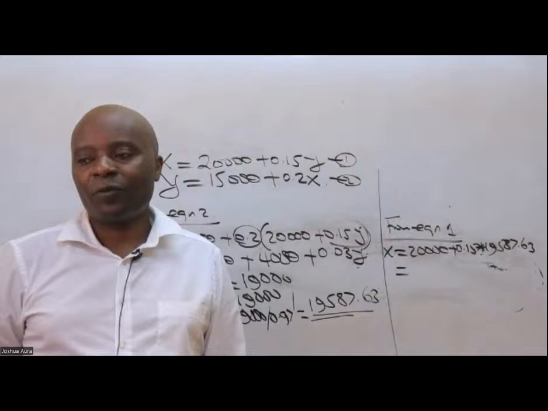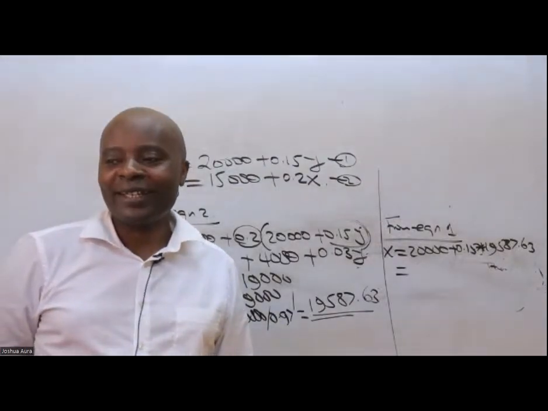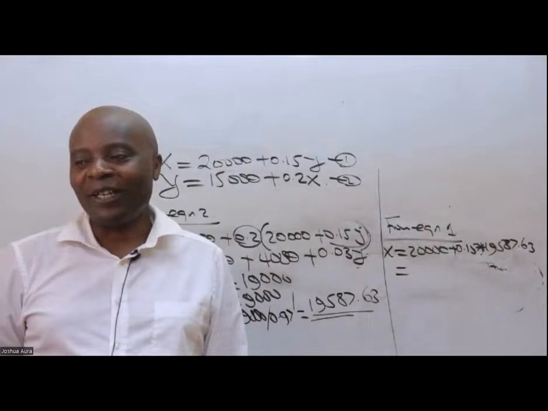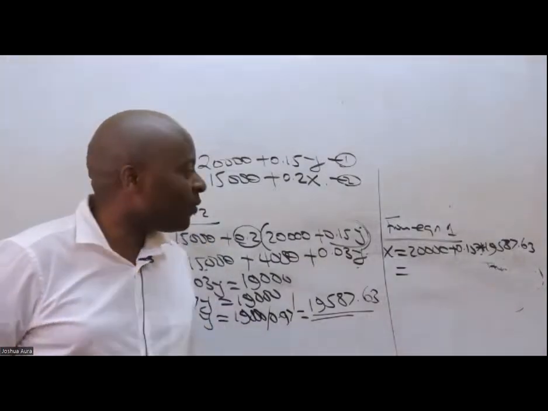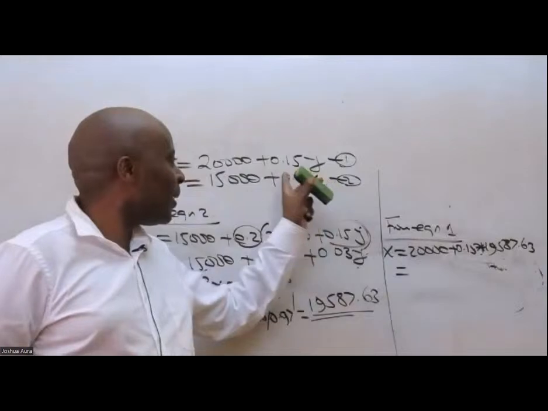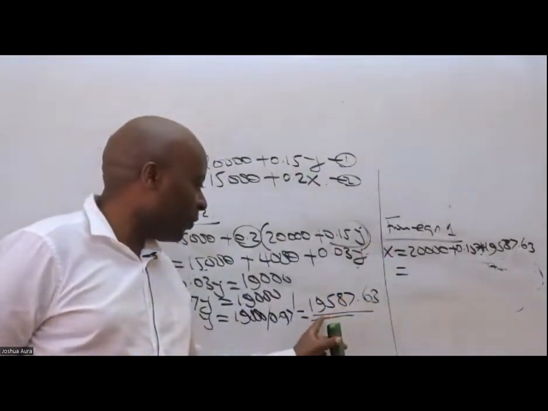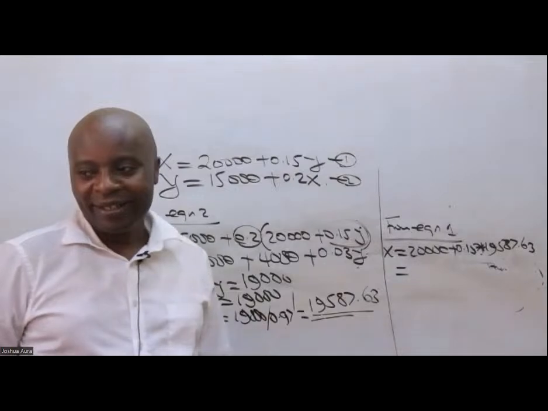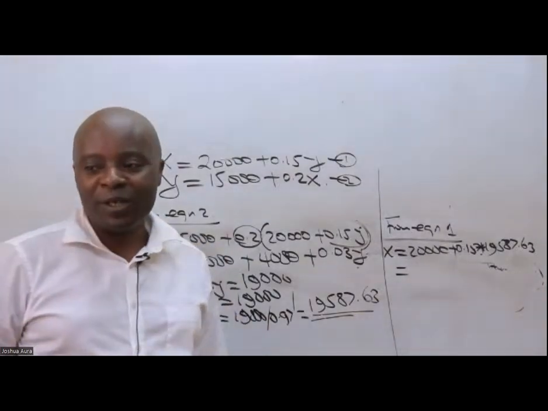49,381. Eric is getting a different figure. Whose figure do we trust now? It's 20,000 plus 0.15 times the figure that you got there. Please, the students also contribute.